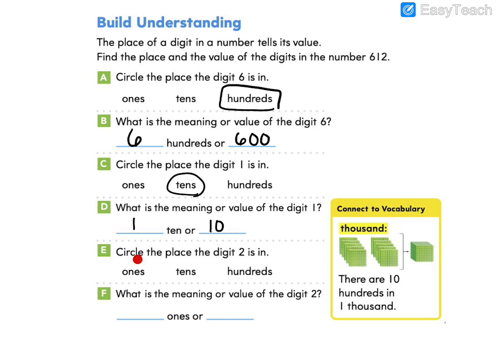Finally, go ahead and circle the place the digit 2 is in. You should have circled that 2 was in the ones place. So it's equal to 2 ones, or simply 2.